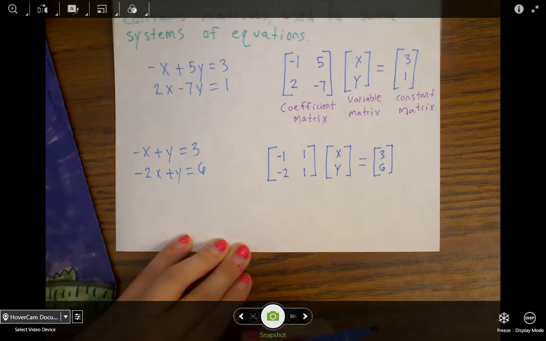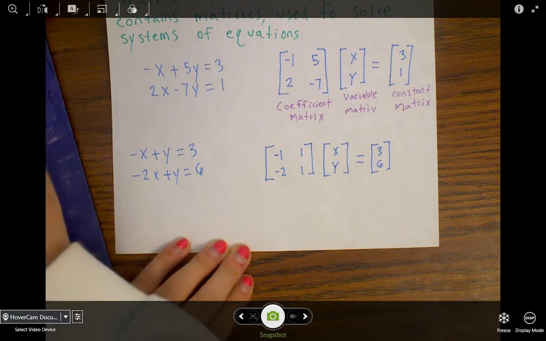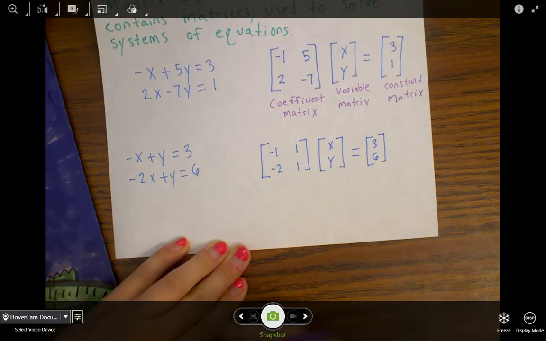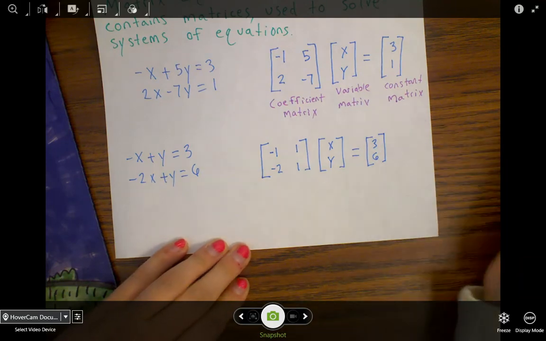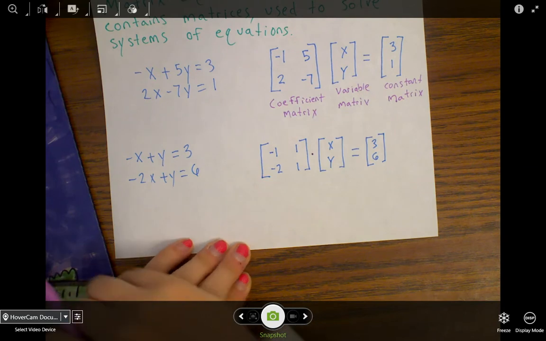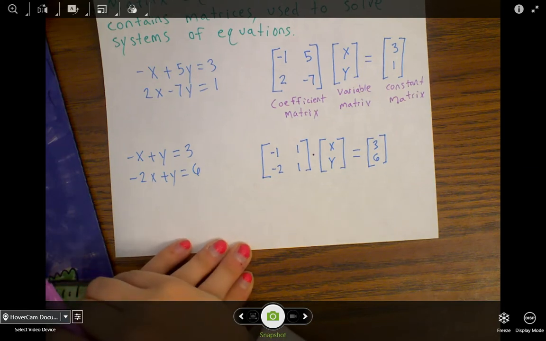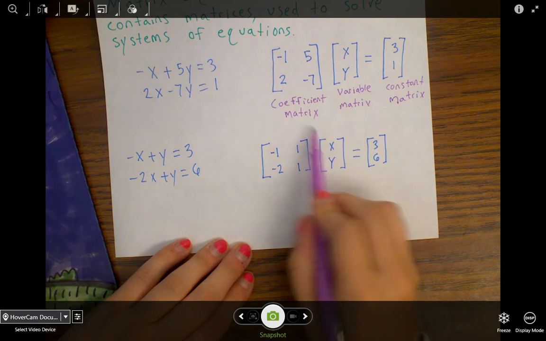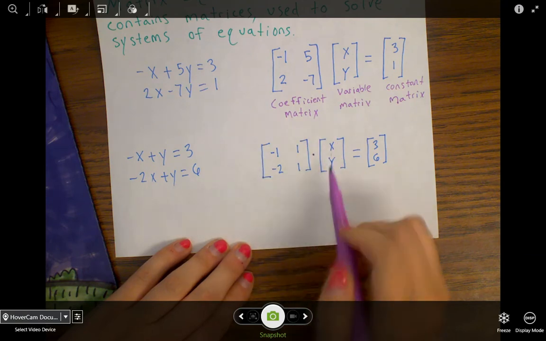Basically, we're going to let our calculator do a lot of the work for us from here on out. Again, we're trying to solve for x and y. Just like any other problem, if I had 2x equals 6, I would want to divide by the 2, because that's going to get rid of the 2 in front of my variable. In this case, we have a matrix in front of our variable matrix.